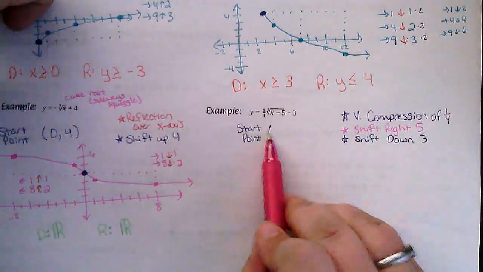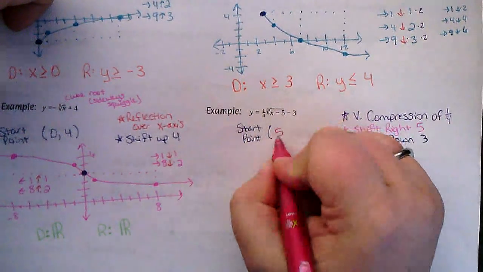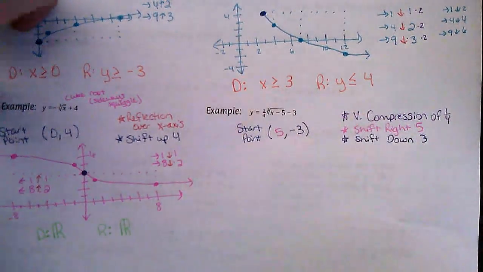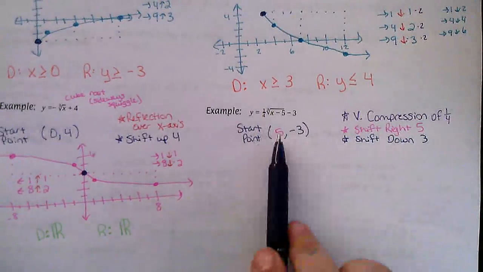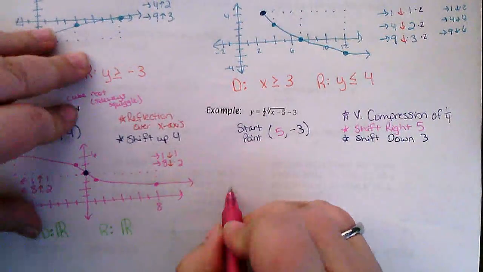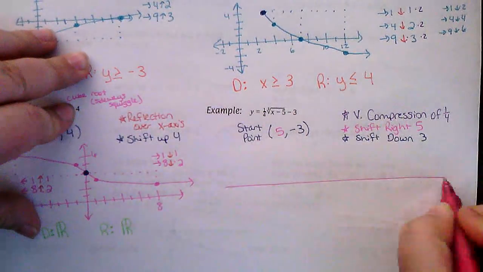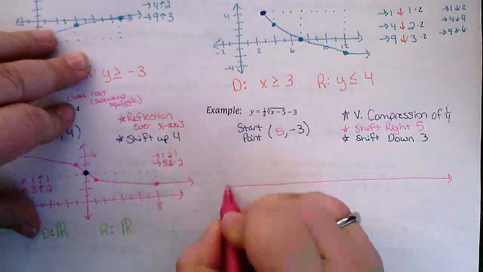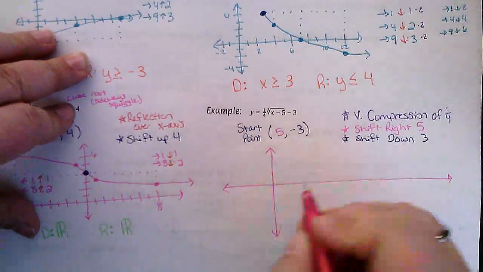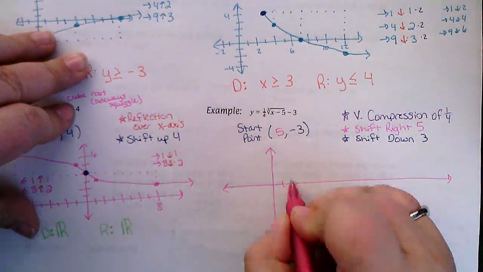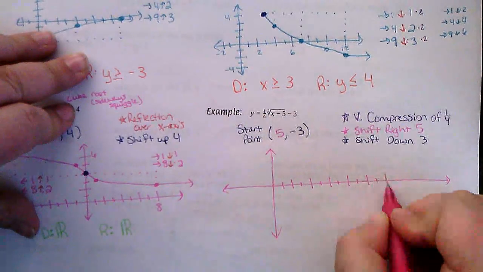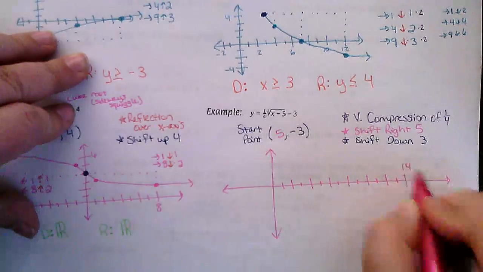So my start point was 0, 0, moved it right 5, so +5, and moved it down 3, so -3. So when I draw my graph, I'm going to have to start at right 5, down 3. So now I'm going to have a lot of this on the right-hand side. So let's put our y-axis right there. Let's go out 1, 2, 3, 4, 5, 6, 7, 8, 9, to 14.